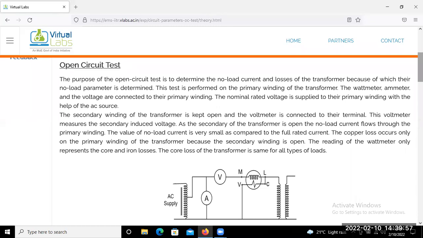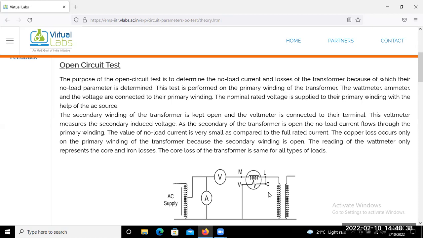In a standard level transformer, you observe the LV side voltage and the HV side voltage. Since we require the core loss component, and core loss is directly proportional to the square of the voltage, for this low voltage coil we are able to find standard instruments in the laboratory.